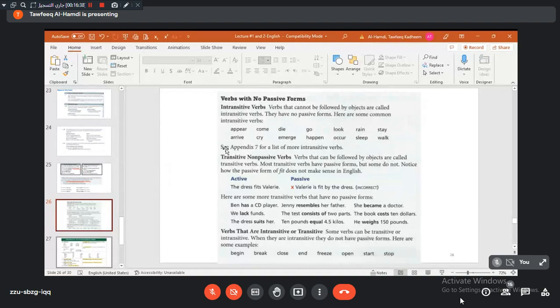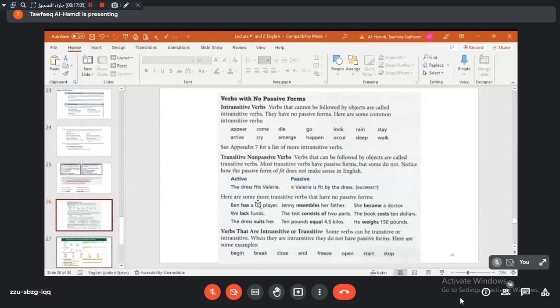Here are some more transitive verbs that have no passive forms. Ben has a CD player, so the verb have does not have the passive form. Jenny resembles her father. She became a doctor. She lacked funds.